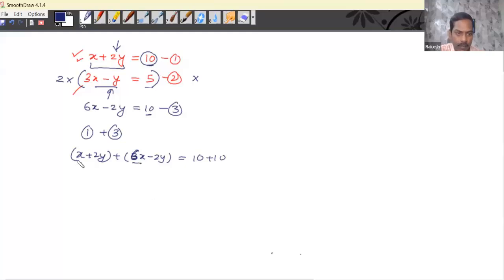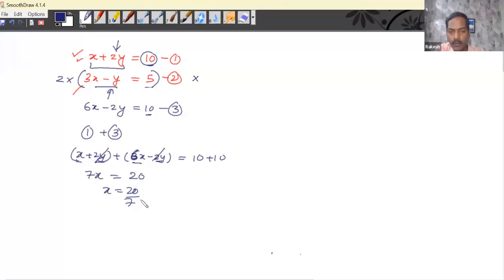The like terms will be added. So x plus 6x will make it 7x. 2y minus 2y will be eliminated, or they will cancel each other. So we'll only be getting 7x. This is equal to what? 20. So the value of x is equal to 20 by 7. If you can remember, we got the same value of x, right? If you want to ensure, you can go back in this video, maybe a couple of minutes, and you'll see the same value of x there.